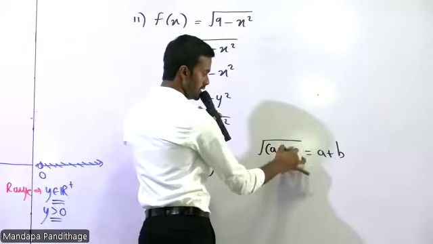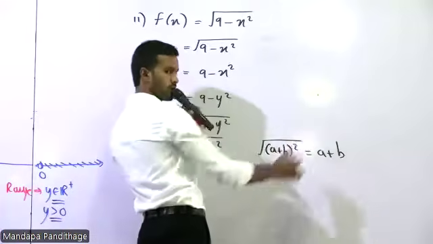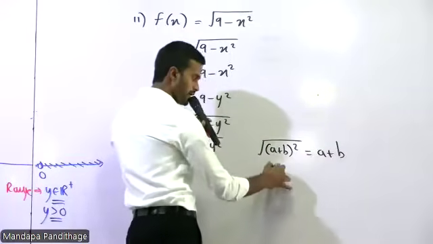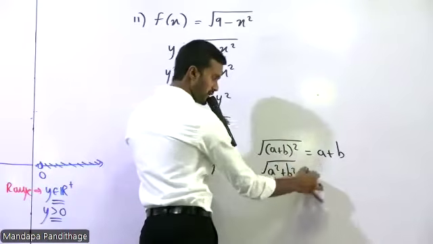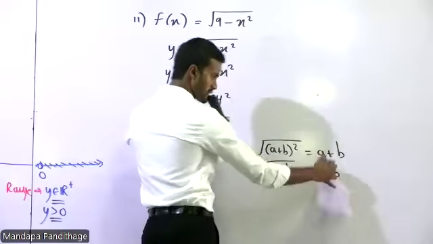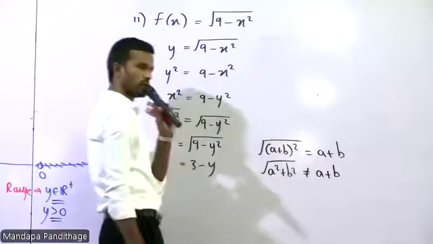But separately, if we have a squared plus b squared, this is not equal to a plus b, okay? Normally you make these types of simplification mistakes.